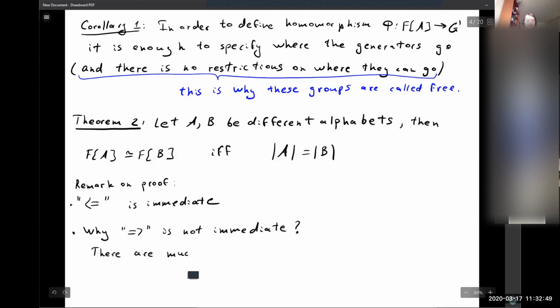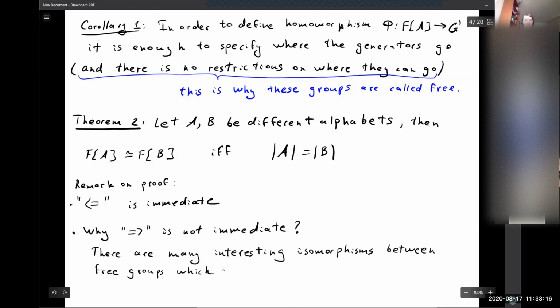There are many interesting isomorphisms between free groups which are not coming from identification of letters.